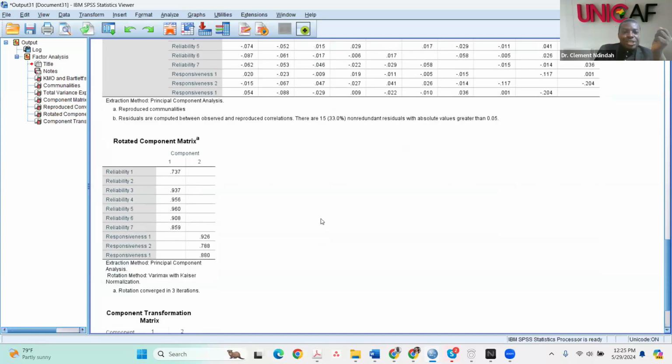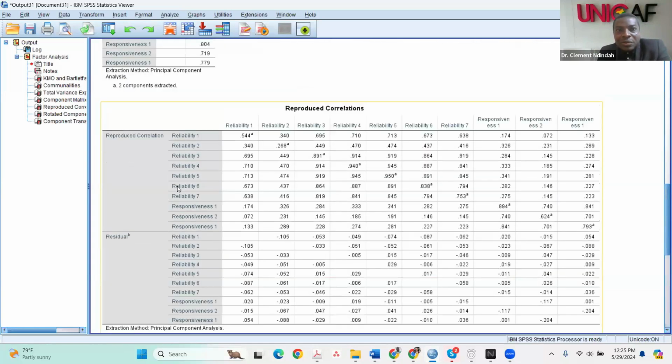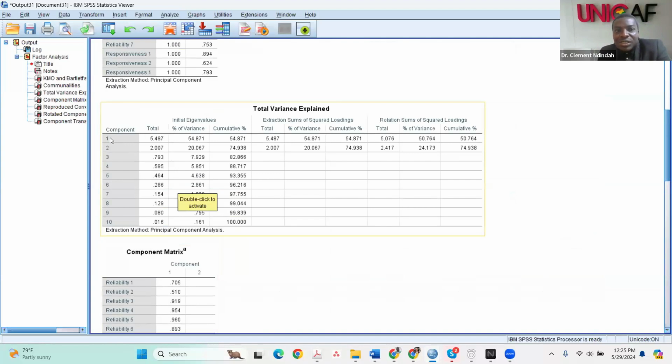Now what is of interest to us right now is the rotated component matrix. The rotated component matrix tells us how the different variables should now be grouped together. In our eigenvalue table, it told us that we can group all 10 variables into two possible groups.